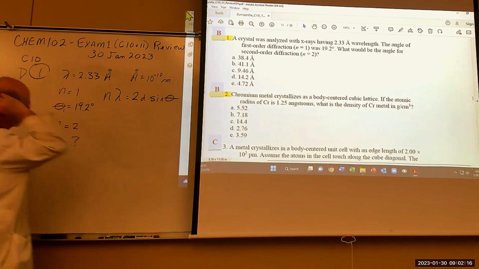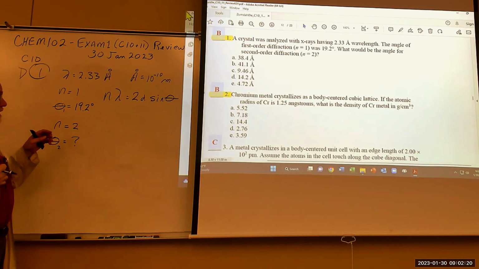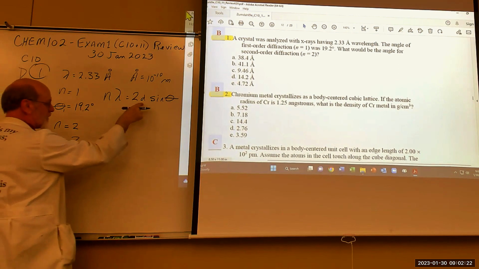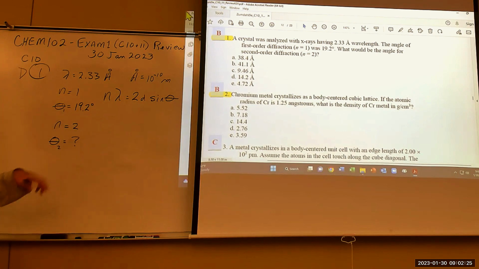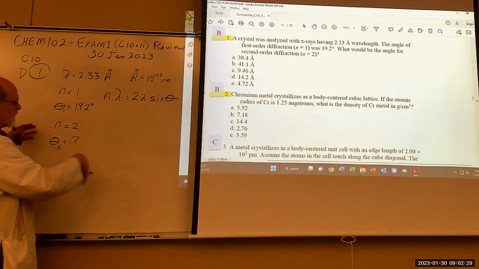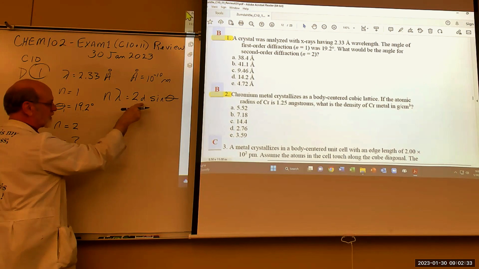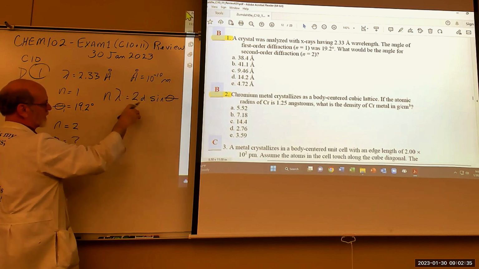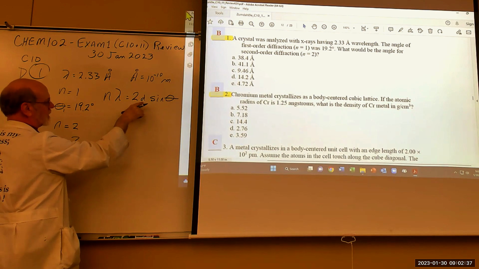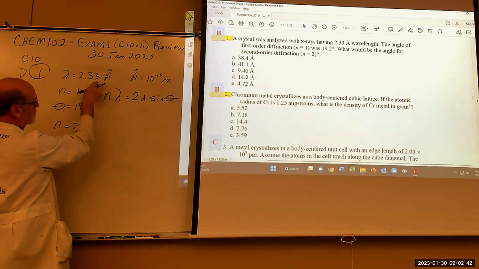There we go. There are 2 approaches to this problem. You can find out what the separation is, and that's going to be fixed for this crystal, not going to change. Then you can set up the equation a second time, change the order, and put in the value you determined the first time, with the same wavelength.